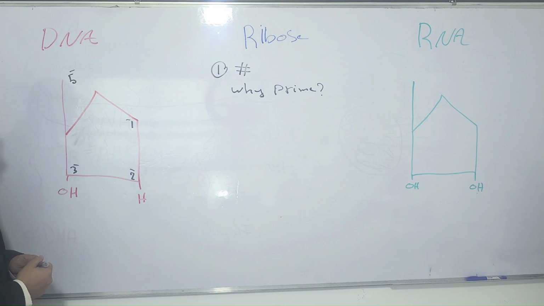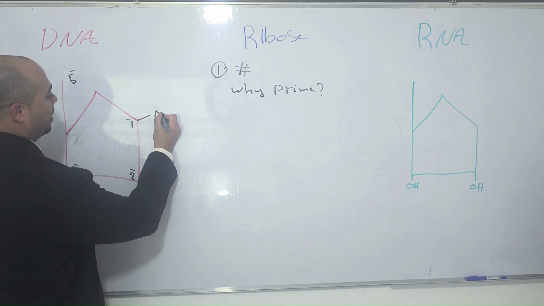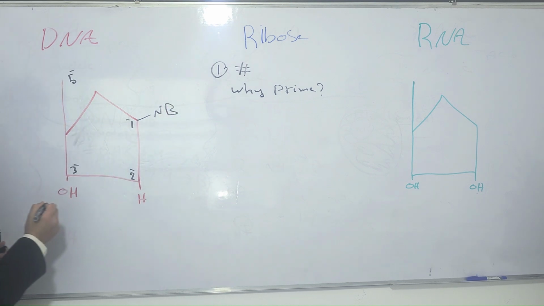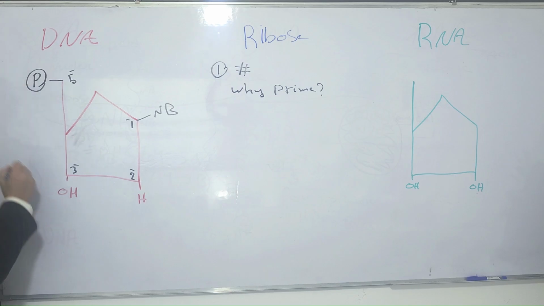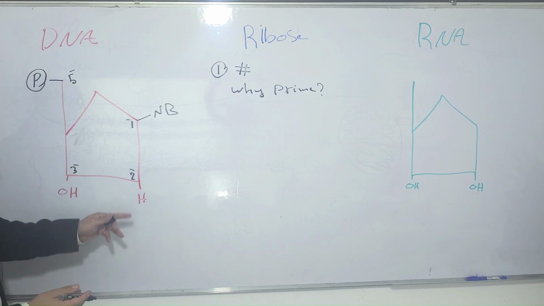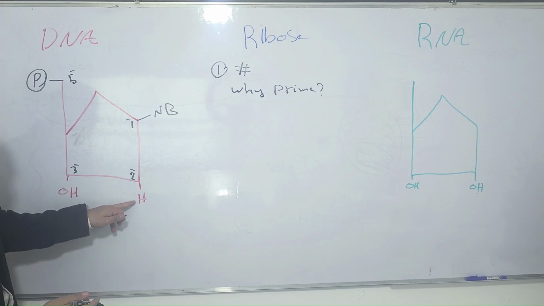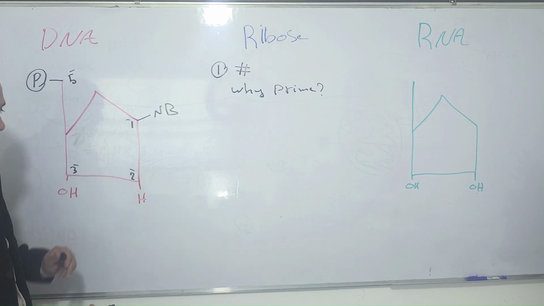How are they important? Now remember, we said that the sugar is a central connector. 1 prime is going to connect to the nitrogen base. 5 prime is going to connect to the phosphate group. 2 prime basically tells us the difference between DNA and RNA. So at 2 prime, if there's an oxygen group, then it's RNA. If it lacks it, if it's deoxygenated, then it's going to be a DNA.